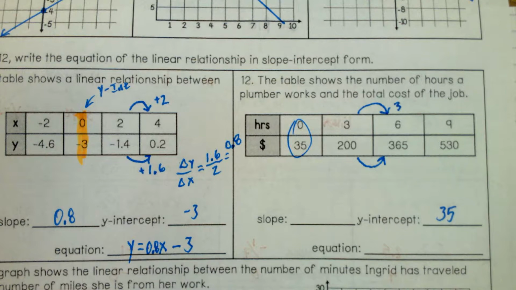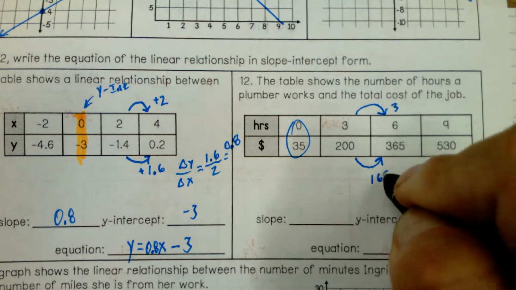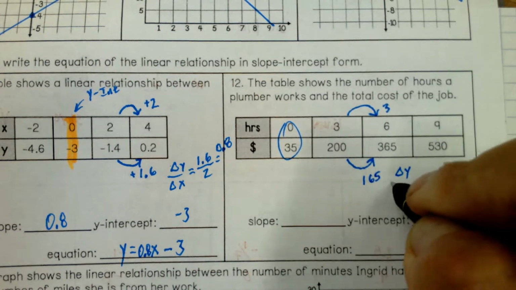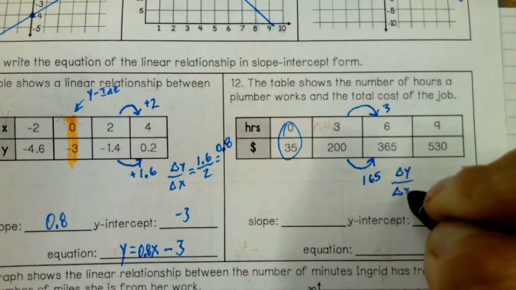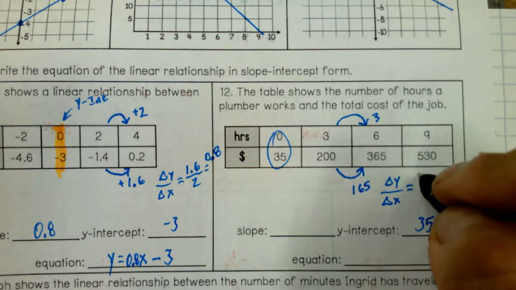And then if I'm going from 200 to 365, that would be what? 165. So our change in y was 165.